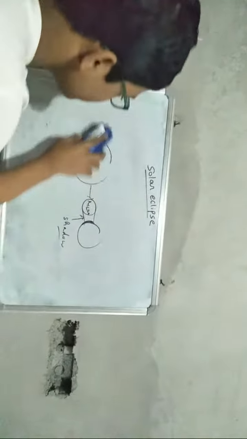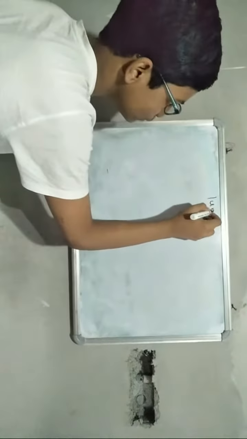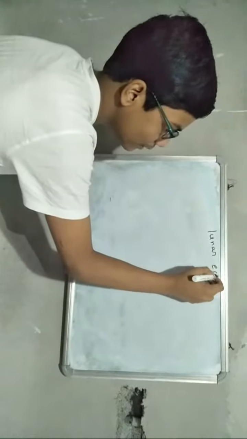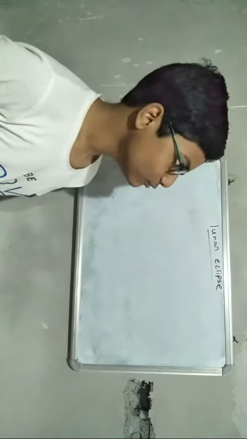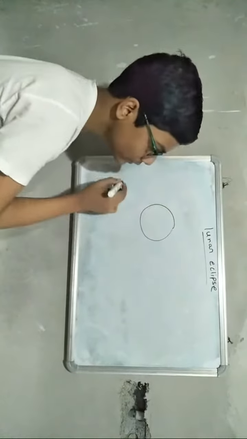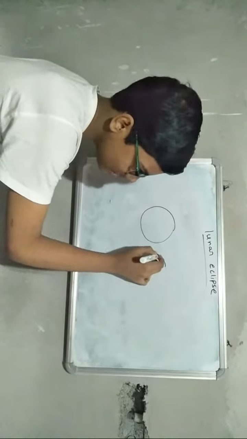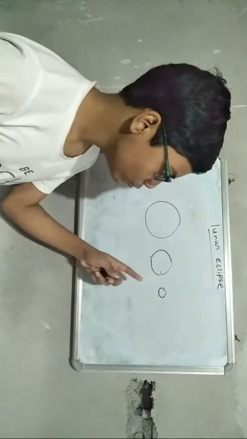So the next eclipse is the lunar eclipse. Now, what is a lunar eclipse? Like that only, if there is a sun, then here is the earth and this is the moon.